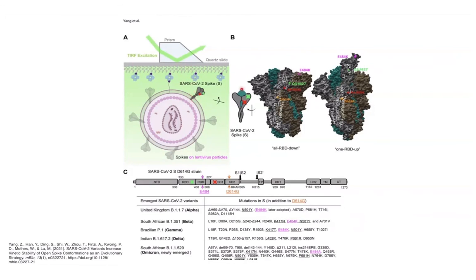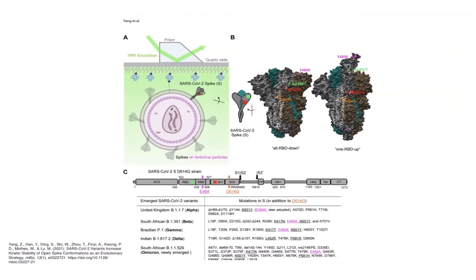In order to be able to measure the dynamics, they're going to introduce 2 fluorophores. So in here, this red dot is going to be A4, one of their fluorophores, and this green dot is going to be Q3, another one of their fluorophores. And so you can see, when all of them are down, are these close together or far apart?